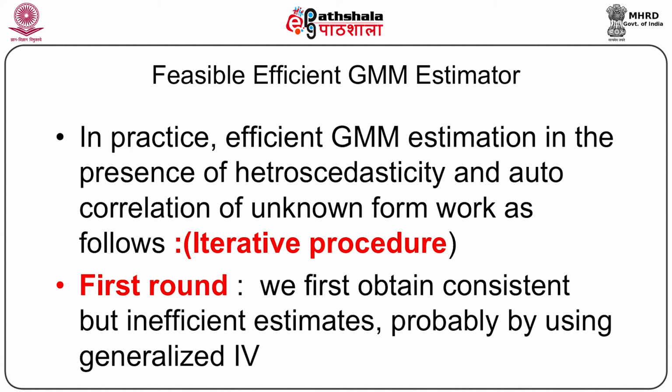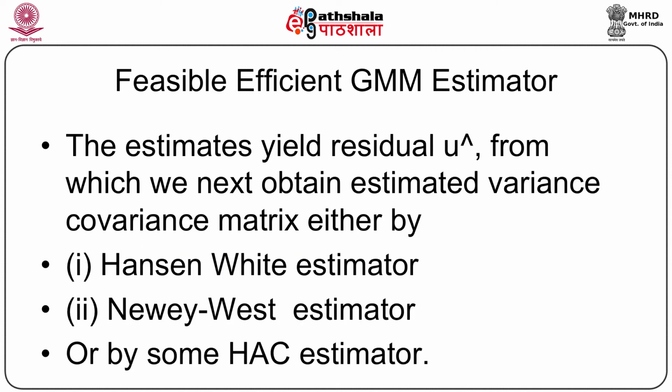Now in the first round, what do we do? We first obtain the consistent but inefficient estimate, probably by using the generalized IV. So in the first step, use the generalized IV, and from that you obtain the value of W, which may be consistent but inefficient.